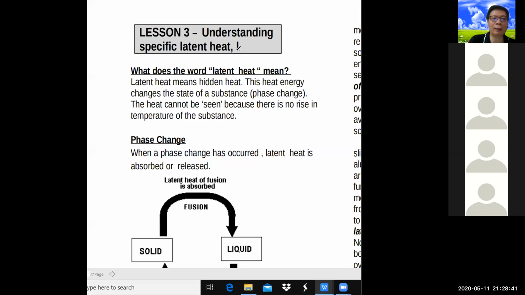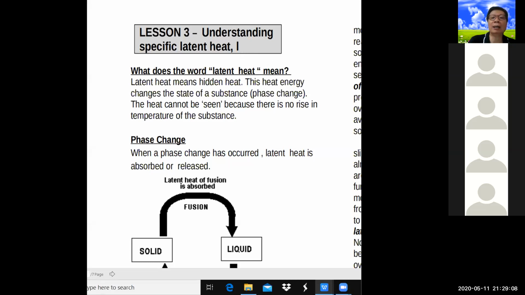This is L. If in Lesson 2 specific heat capacity the symbol is c, this one, specific latent heat, is L. So you learn something new this lesson. It's an important topic.